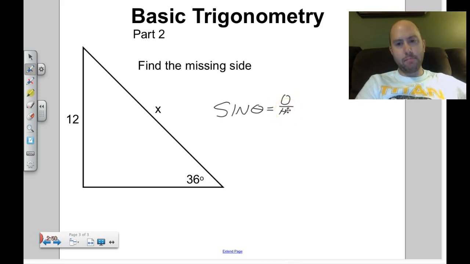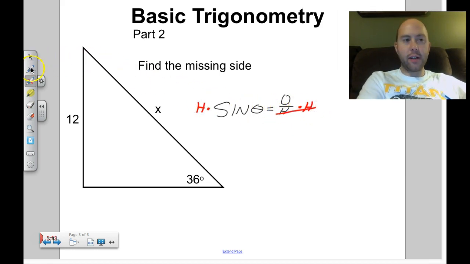Well, we have a problem. It's on the denominator right now. So I need to bring it out of the denominator. How do I do that? I multiply both sides by the hypotenuse in order to get it out of the denominator.